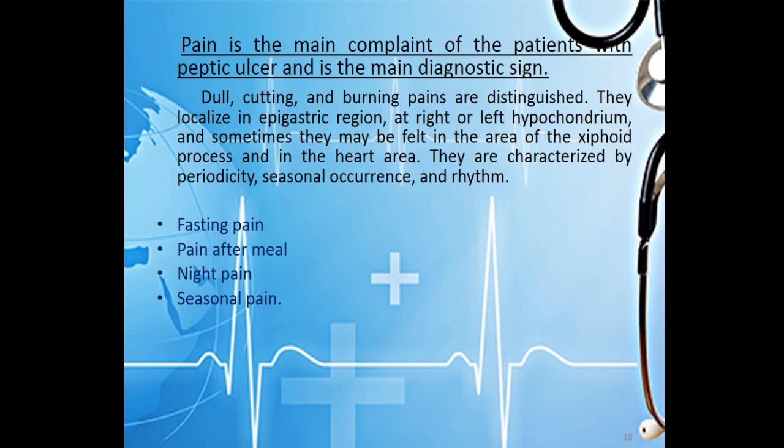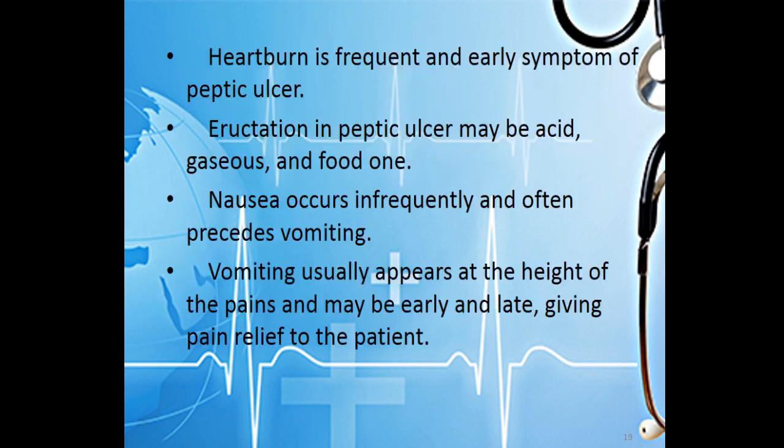Second, heartburn. Of course, because we have hypersalivation. Eructation, maybe, of course. Vomiting. The vomiting may be of 2 types. One type, when at the height of the pains, during a very big pain syndrome, our patient goes to the toilet and makes self-induced vomiting and the pain is relieved. The second may be during stenosis.